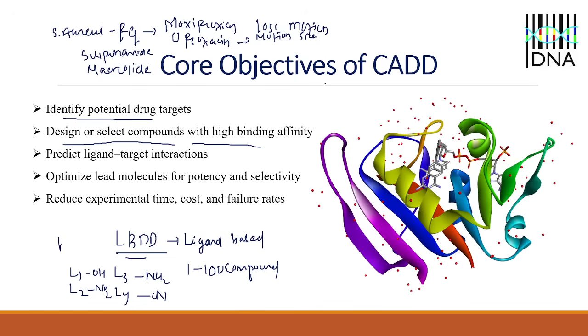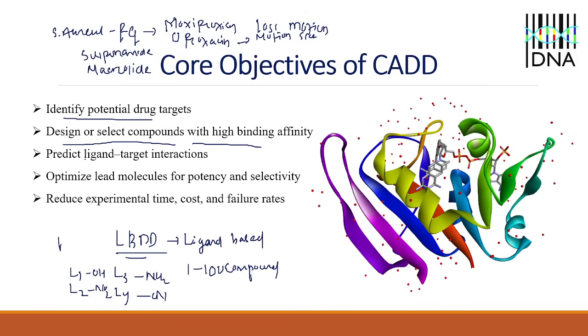So this is called the LBDD or ligand-based drug design. So we can design or select a compound with high binding affinity. So what we do, we substitute, then we perform the docking, then we find out the result and we can get the desired compound.